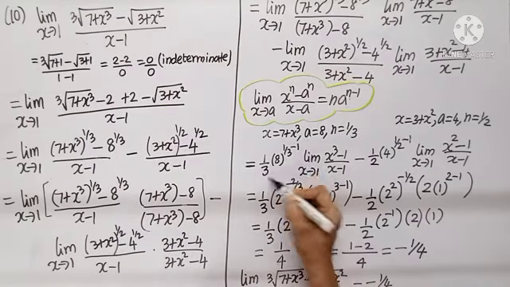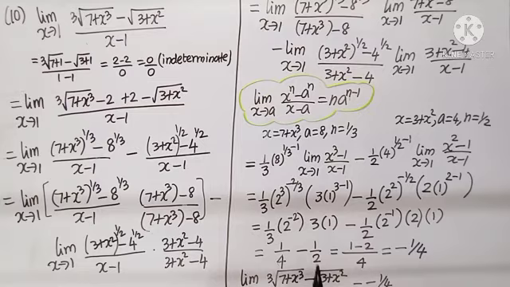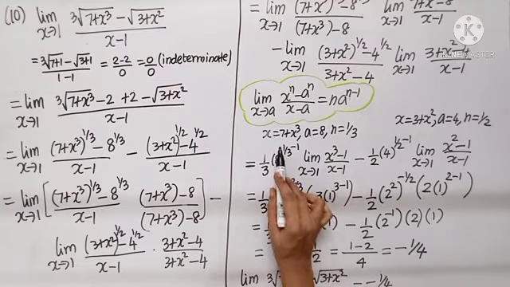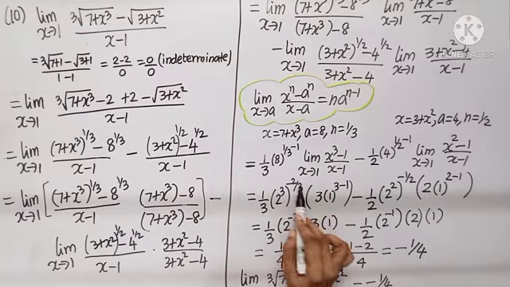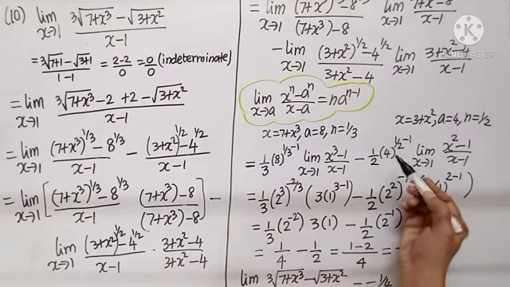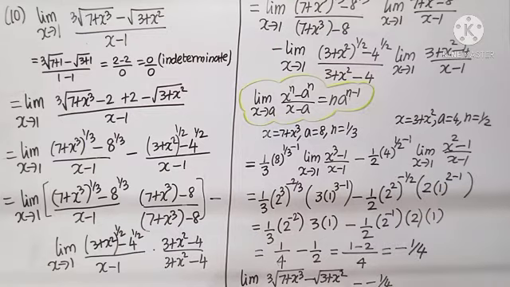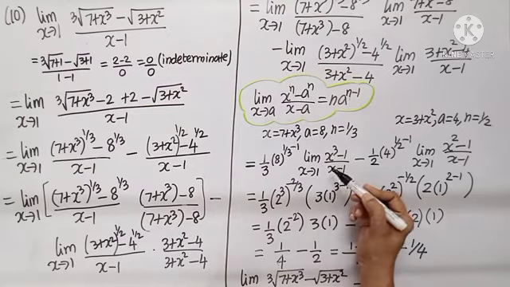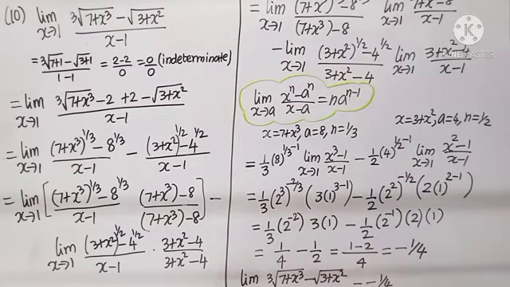Now, this let me simplify. 8 can be written as 2 power 3. 1 by 3 minus 1 is 1 minus 3, that is minus 2 by 3. Similarly, 4 can be written as 2 square. Half minus 1 is minus half. Now simplify this. Again, I can apply the same formula.